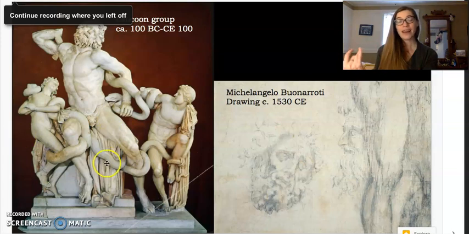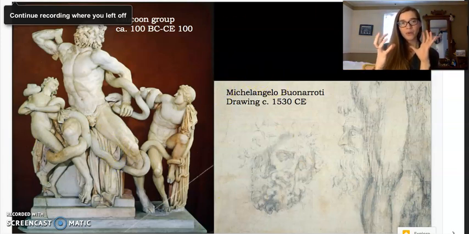But we see in his drawings an interest in capturing the vivacity of these Hellenistic and Roman sculptures, and looking at the detail of the musculature and reinterpreting that. So we have this sketch here that he has done of the head of Laocoon from this sculpture from 1530. So we see the contemporary artists of the Renaissance period really looking closely and learning from the classical art that they are encountering out in the world.